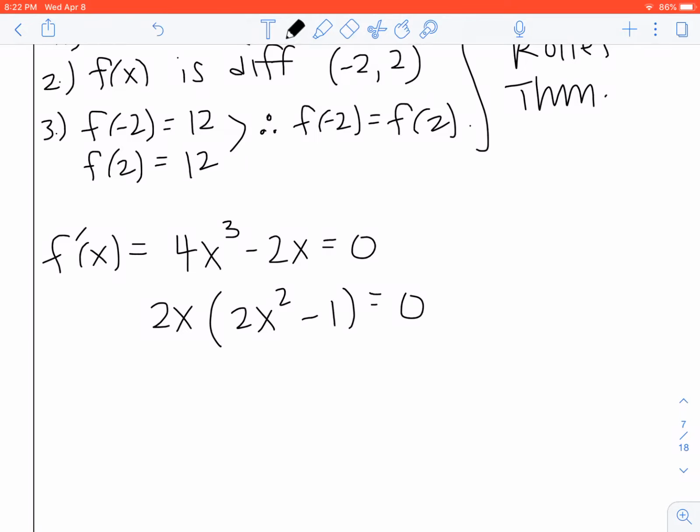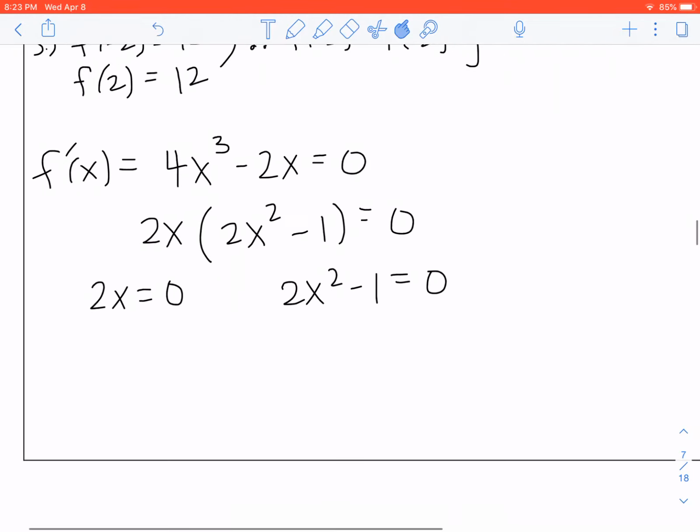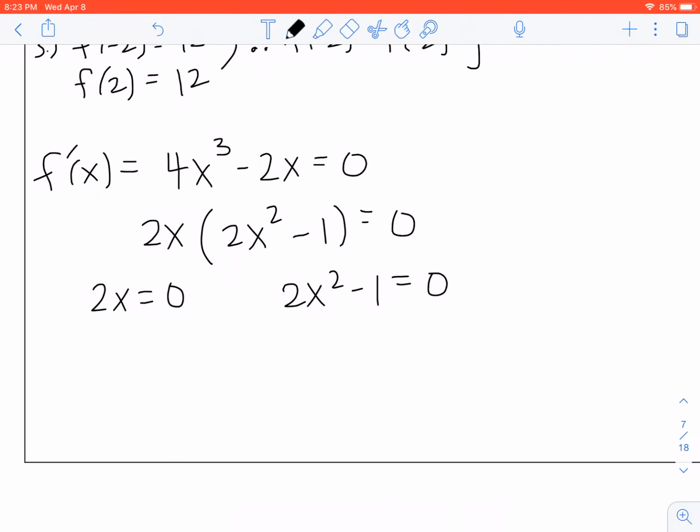And then going ahead and setting those each equal to 0 by the zero product property, we get 2x equals 0, and 2x squared minus 1 equals 0. And then solving both of these, the first one we get an answer of 0. And the second one we're going to get x equals plus or minus 1 over the square root of 2.